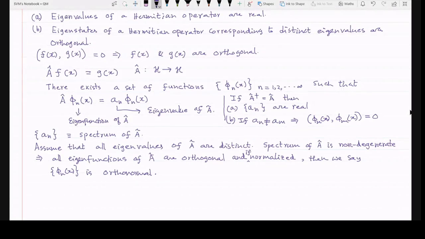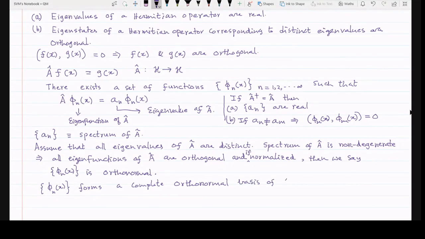So this implies that the eigenstates of the Hermitian operator, the proof we will not worry about, phi n of x, the eigenspectrum of A, form a complete orthonormal basis of the Hilbert space H.